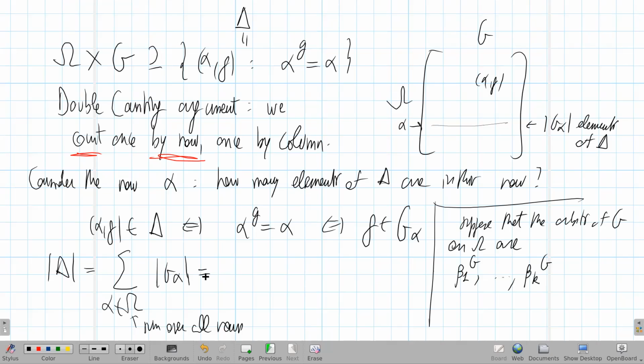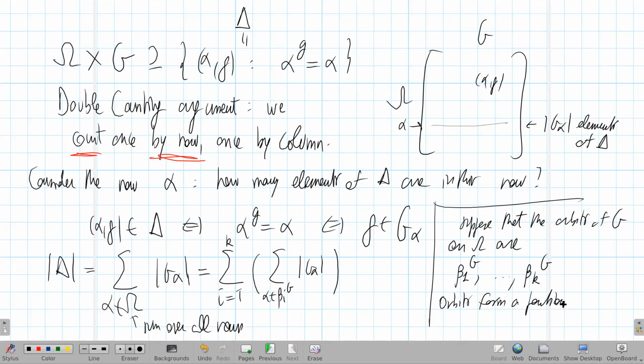So this can be written as the sum for i that goes from 1 to k, and then the sum of |G alpha| for alpha in beta i to the G. So you know that the orbits form a partition of omega, and I'm using this fact.